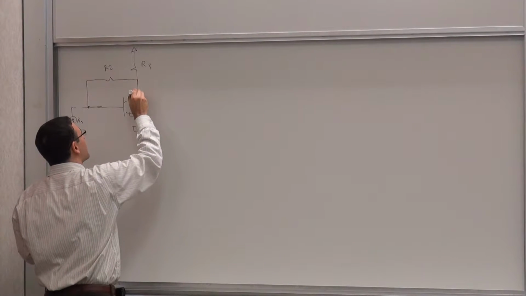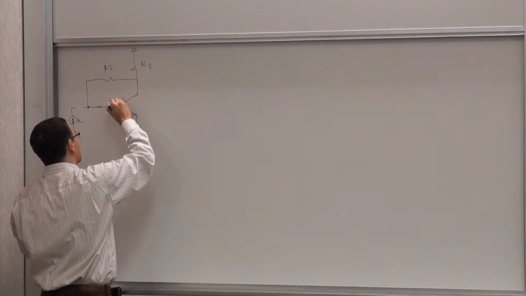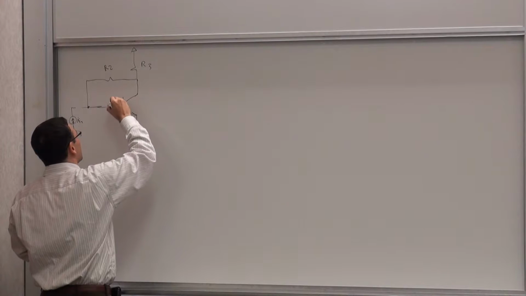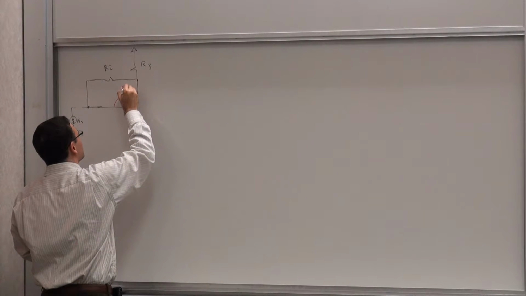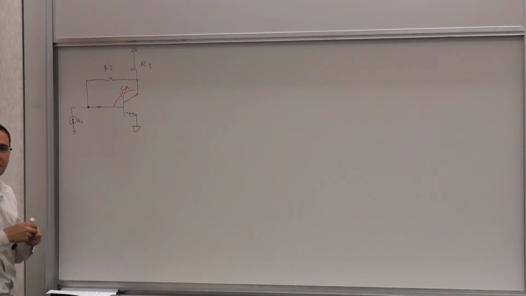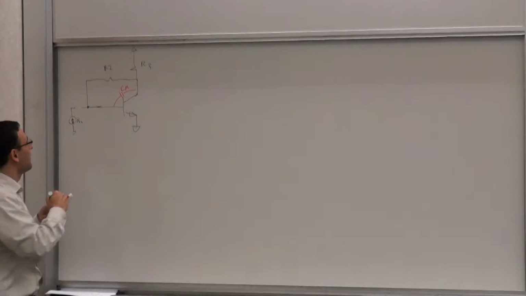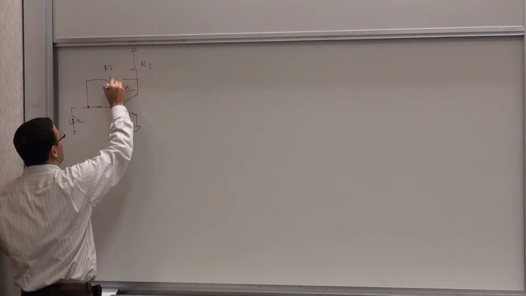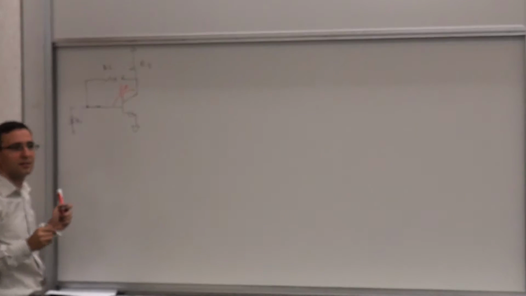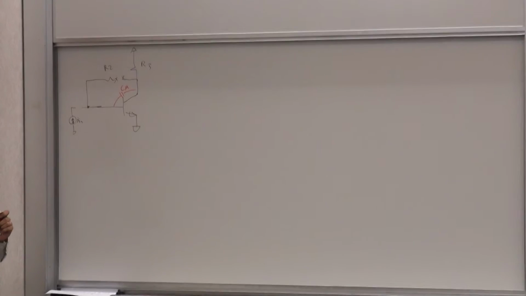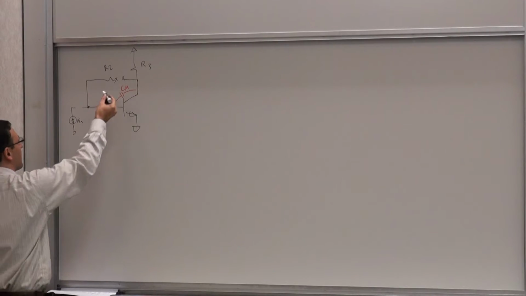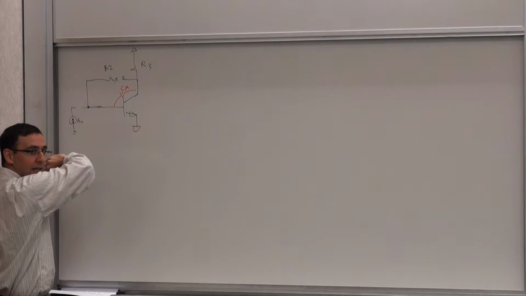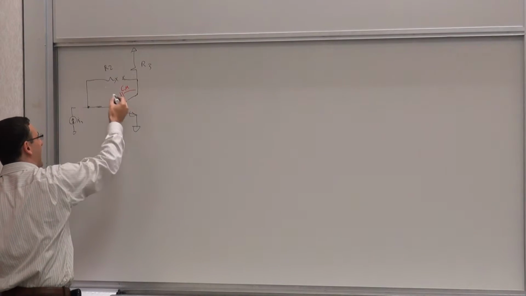But how about, let's say, if you take one of the capacitors, let's say Cmu. Now if I break the loop here, for instance, is this loop unilateral? No, because the signal can go this way, and the signal can go this way. How? Through the capacitor.